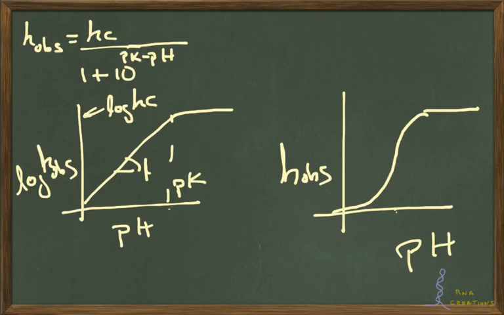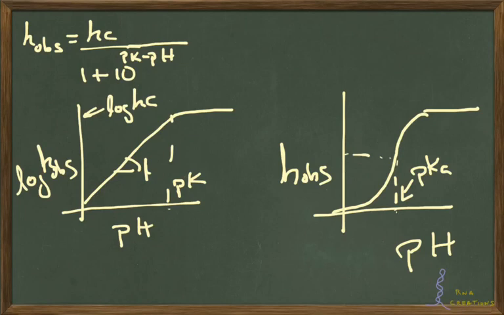And that's because this portion over here, where the rate's super small, you can't tell the difference in those values because they're all jammed into this really tiny area. So it'll end up looking like this. And then the pKa will be at the midpoint, because when the pH is equal to the pKa, you get 10 to the 0, which is 1. So you get kc over 1 plus 1, or kc over 2. So in this instance, if you plot the data this way, this is equal to the pKa.